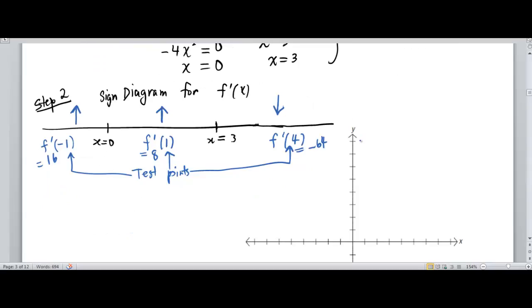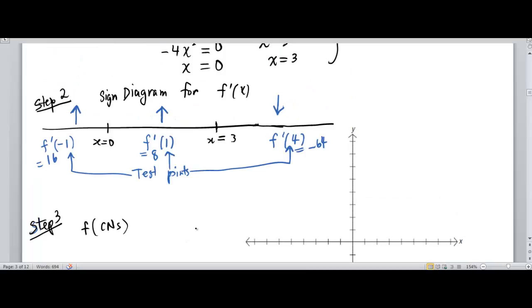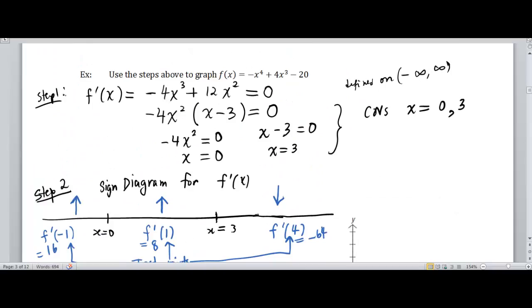Okay. And then the third step you want to do is to sketch it and define those values. Okay, so let's take our critical numbers and plug them into the original function. So you go back to your calculator.